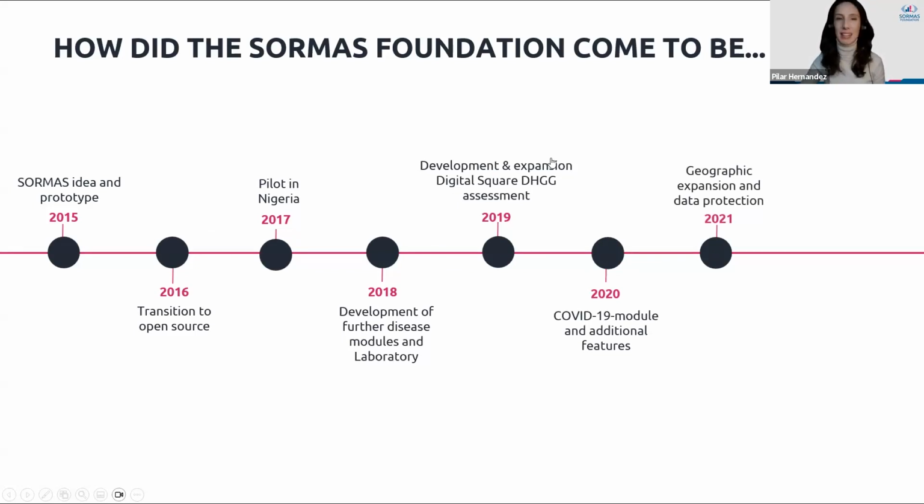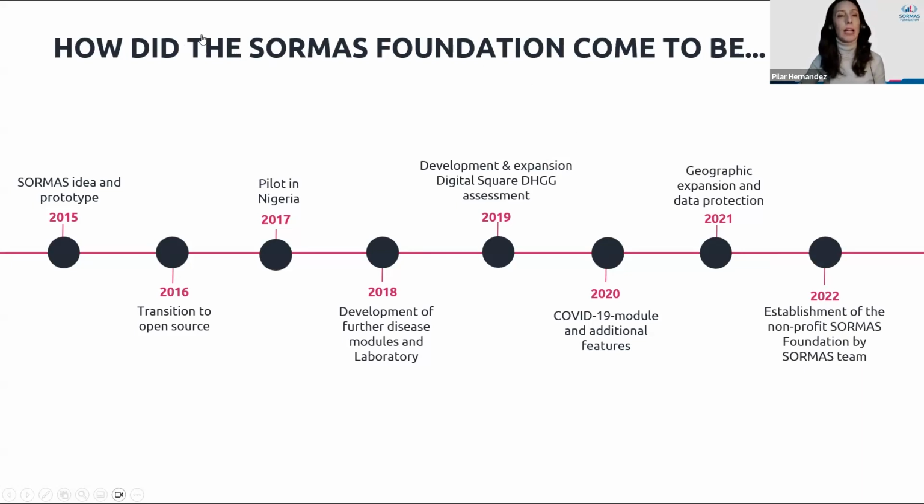In 2021, also in the middle of the pandemic, the geographic expansion continued. I think it was about that time that Nepal started piloting SORMAS. And also, as I mentioned before, the data protection concept was very much developed. Finally, in 2022, the SORMAS Foundation was established. As you can see, the project started as a research project and very quickly moved from a research project into an implementation project with requests from several countries for support.